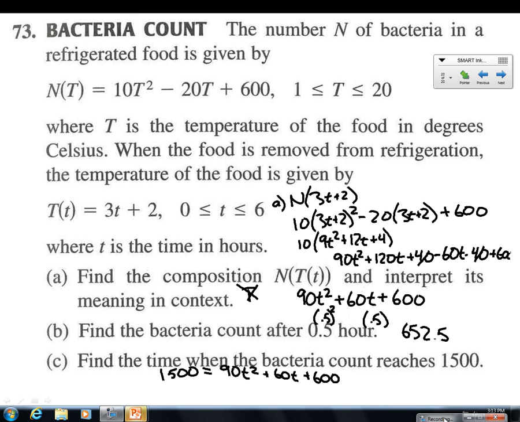We'll subtract the 600 and get 900. Nope, I take it back. We're going to have to get 0 on one side and factor it. 0 equals 90t squared plus 60t minus 900.